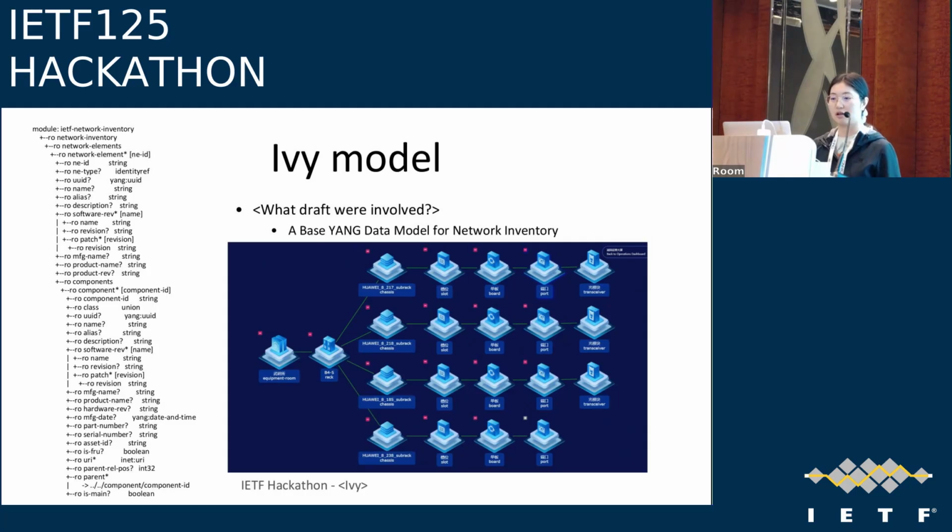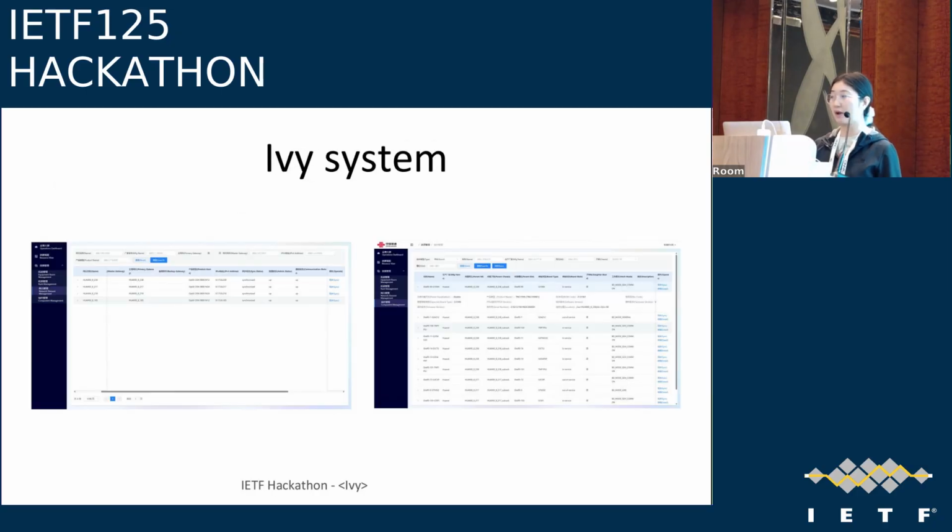This is the IVA model and the draft we used in this project. This is part of the IVA system on China Unicom's orchestrator. They include the resource view and the resource management information.